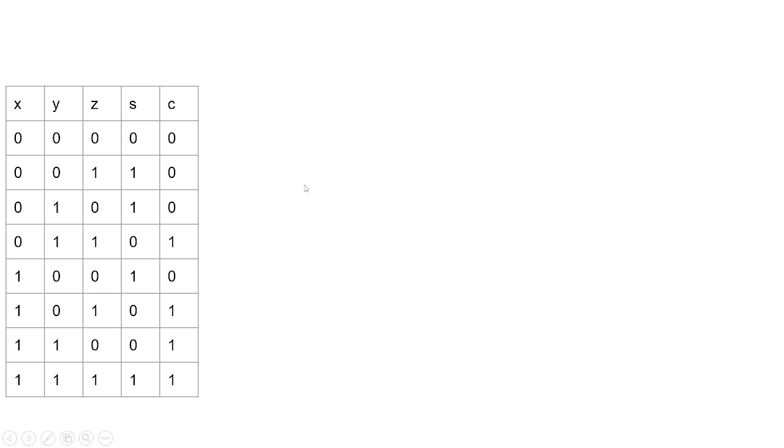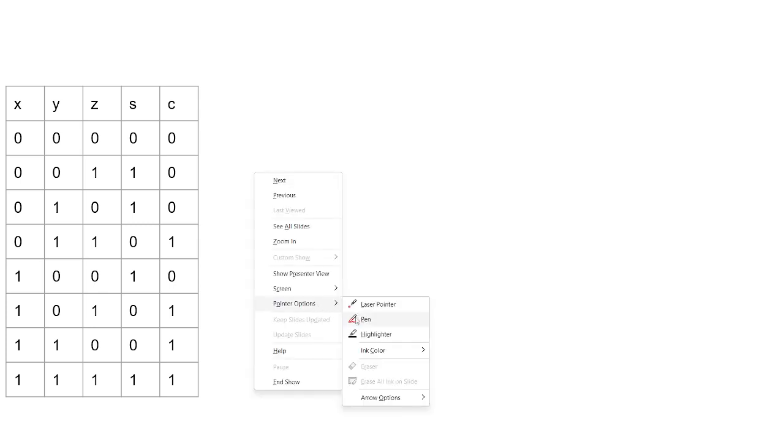So now I have to implement the equations. So my sum will be this one, this one, this one, and here. We cannot minimize using K-map because it will come with some XOR operation.